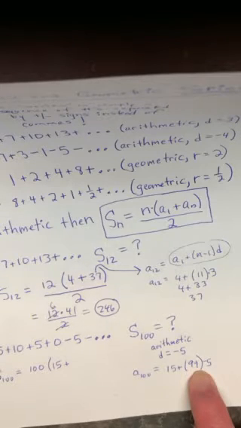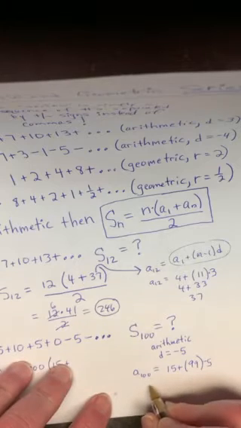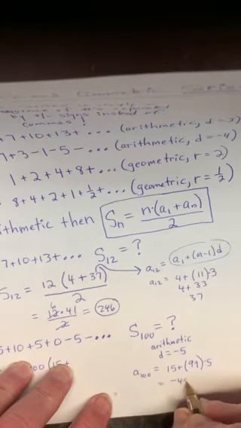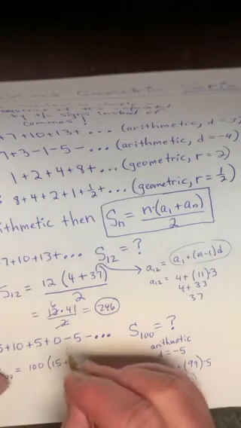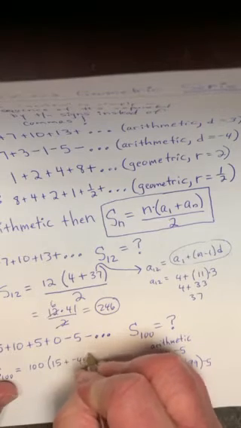Now on my screen it says -495, plus the 15, and my total, the 100th number, would be -480. So I found that number so I could put it in right here in my formula.